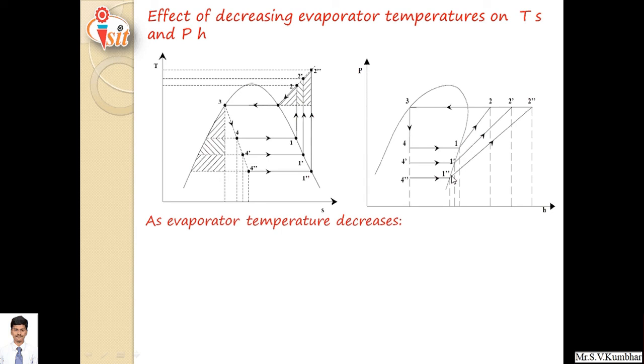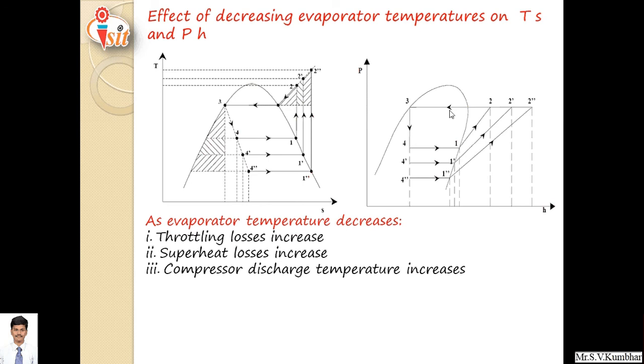As evaporative temperature decreases, the throttling loss will increase. Superheat loss will also increase, because if you consider this pH diagram, as evaporative temperature goes on decreasing with a single stage vapor compression refrigeration system, the superheat loss will also increase.